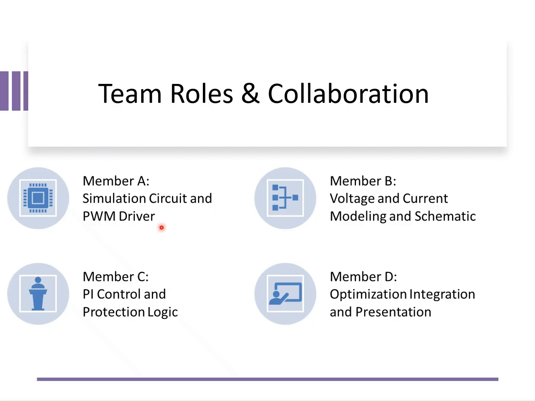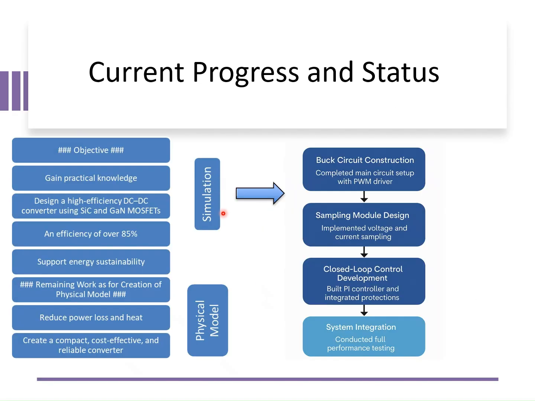According to our initial plan, we have divided our work into 4 important parts, which are done consecutively by each member of our team, which I will explain more in the next slides. Regarding our initial plan, we have achieved the main goal of our project, which is to finish the simulation part.